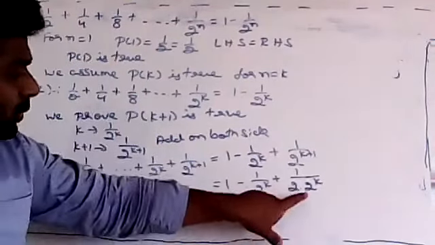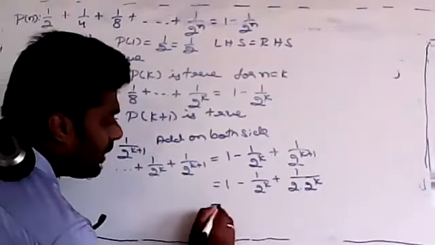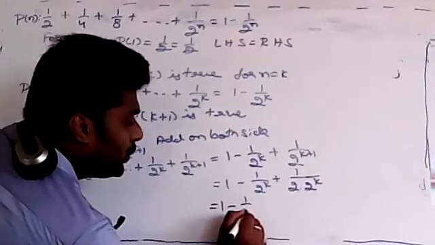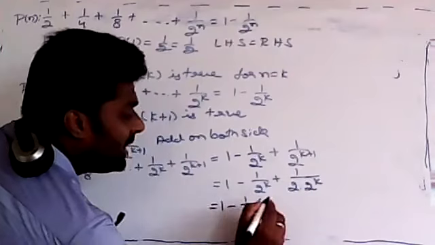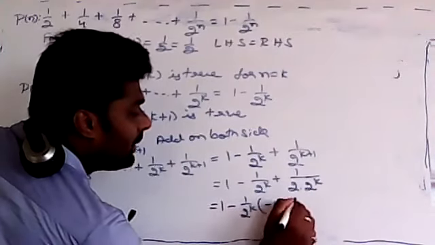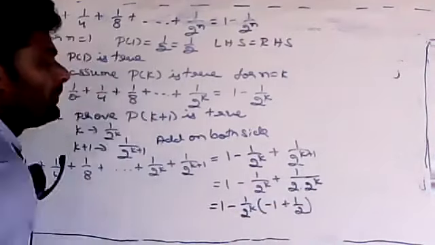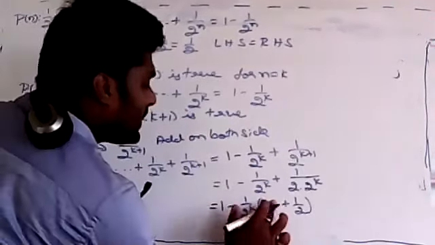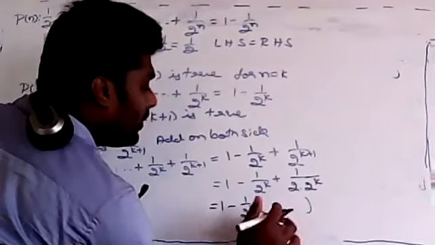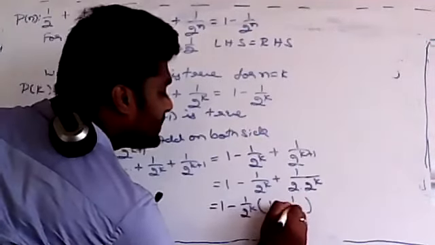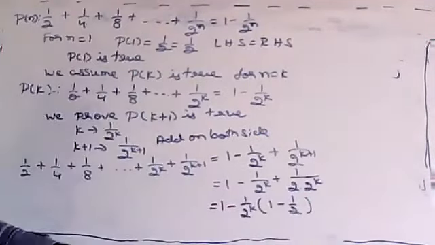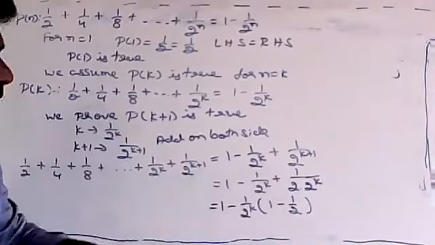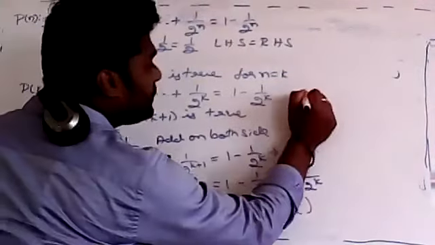Then take a common factor: 1/2 to the power of k is common. What is remaining then? Minus 1 plus 1/2, so minus, taking the minus common, 1 minus 1/2. 1 minus 1/2 is nothing but 1/2.